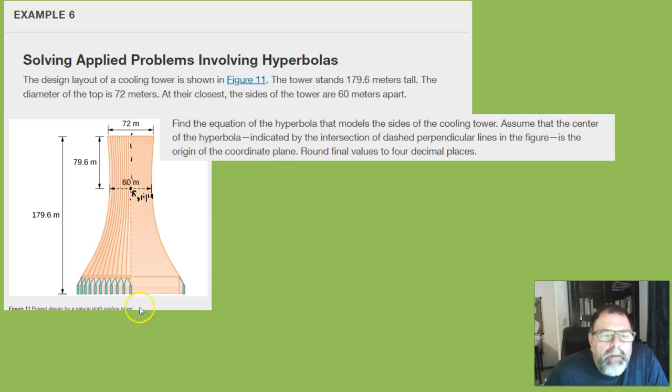And let's see here. So basically, we know that we got these points here. So the distance from the center to the side is 30. So that's going to be a. So again, it's opening side to side, this hyperbola. So what happens is we're not seeing the whole hyperbola here.